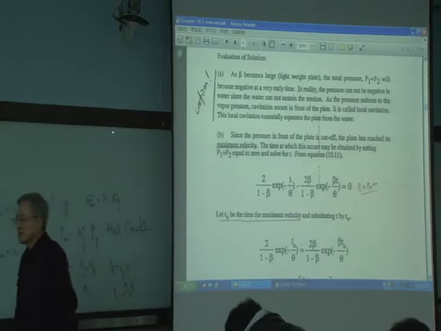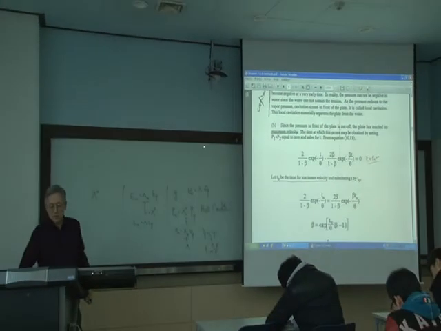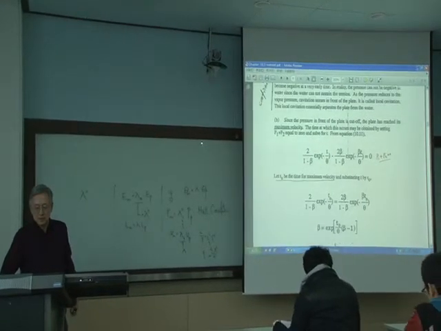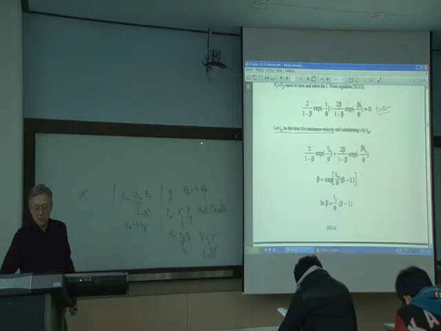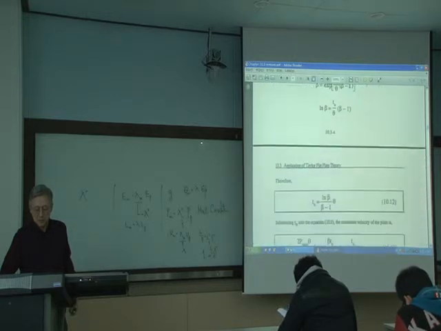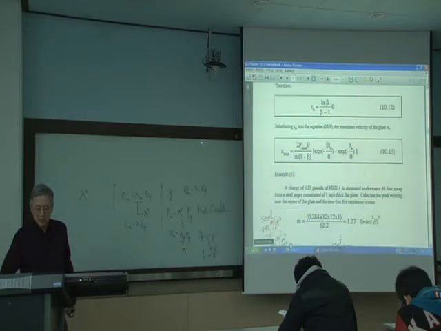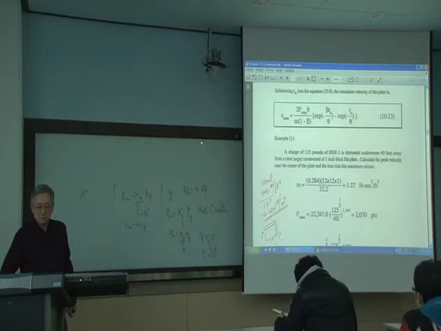You can compute the maximum velocity. In addition, you can compute the T naught, which is the time for the maximum velocity. So it's very nice, looking into the fluid structure interaction phenomena using the Taylor plate theory. You can compute the U max. Then the example problems I gave you a few.